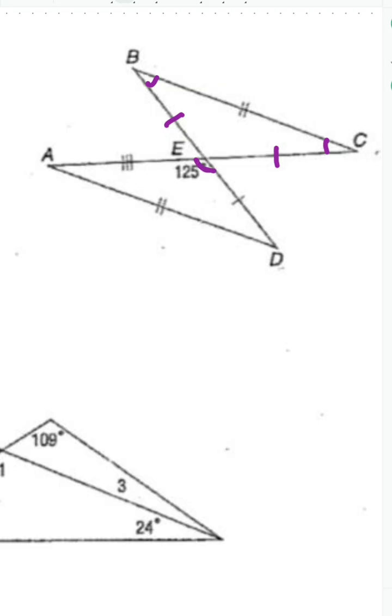One of the angles is greater than 90 degrees, and the total measure of the angles inside the triangle is only 180. So 180 minus 125, it's 65. So that means the total measure of the two remaining angles is 65 degrees.